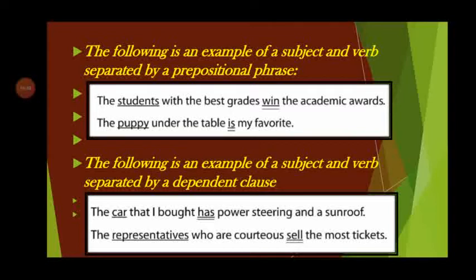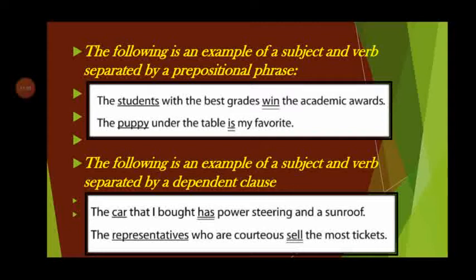So we can see that when the subject is added with a clause, the car that I bought is a clause. There you can see that in the same sentence, there are two subjects, the car is there and I is also treated as the subject, but it is the subject of the clause that I bought.